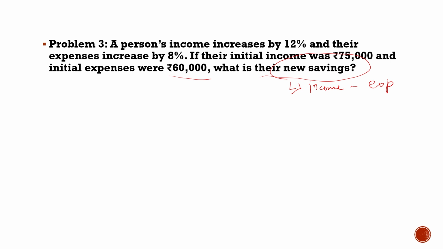First we will find out the new income. That should be our first objective. And how will we find out the new income? There is a 12% increase in their income. So 75,000 into 12% increase, so 12 by 100.